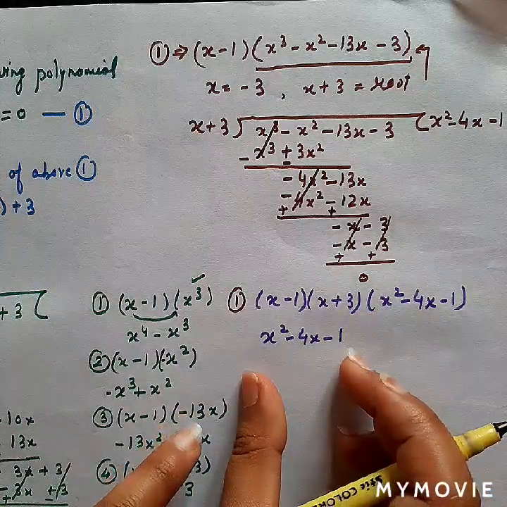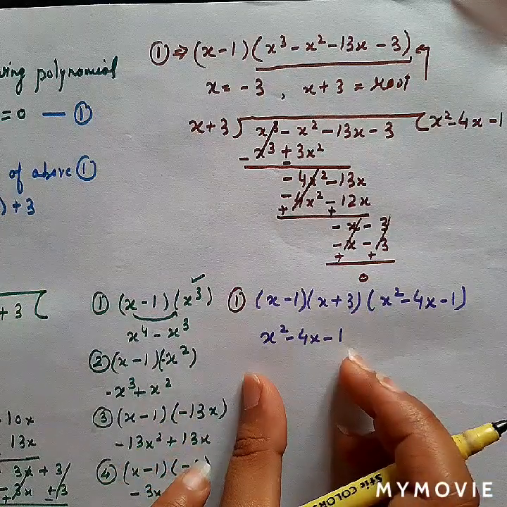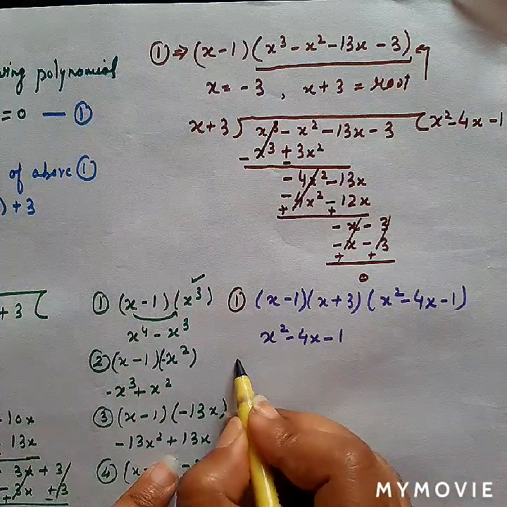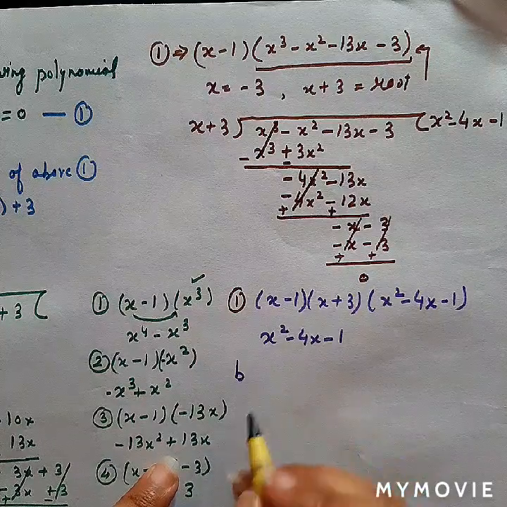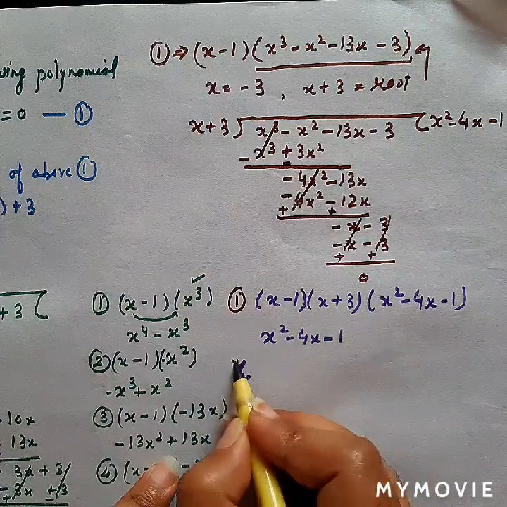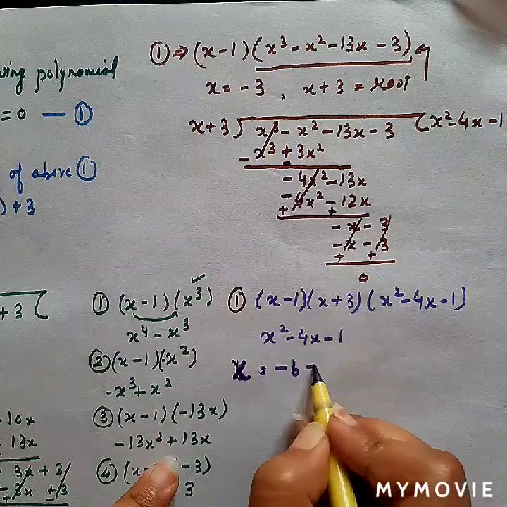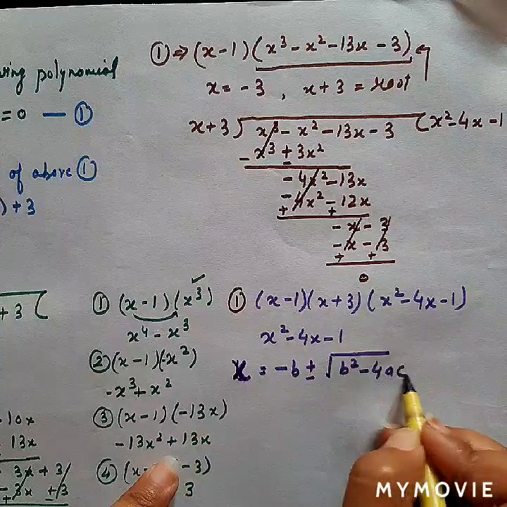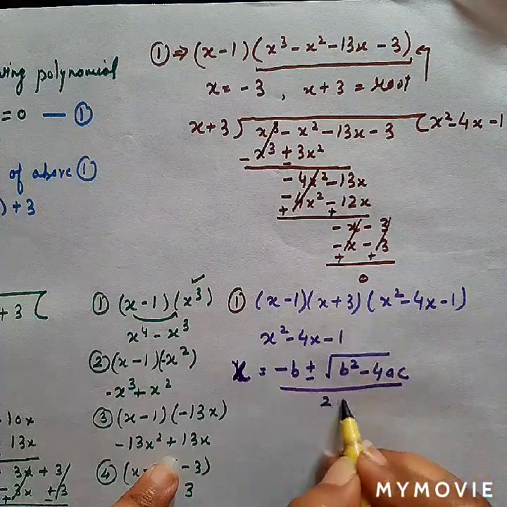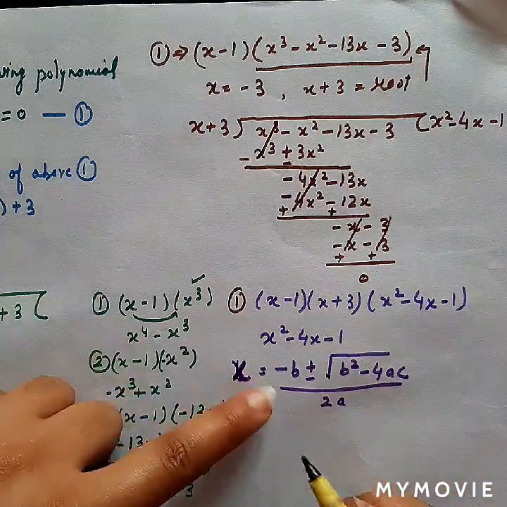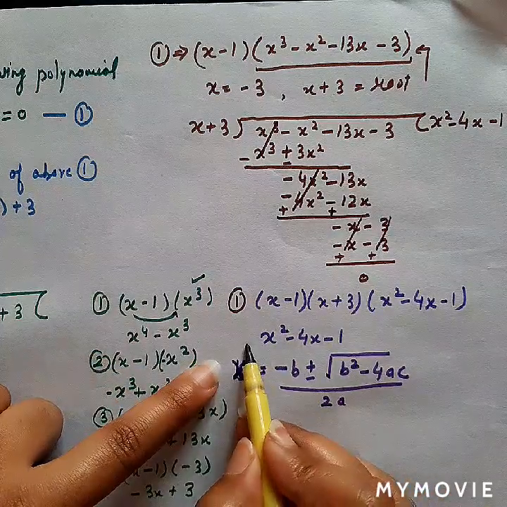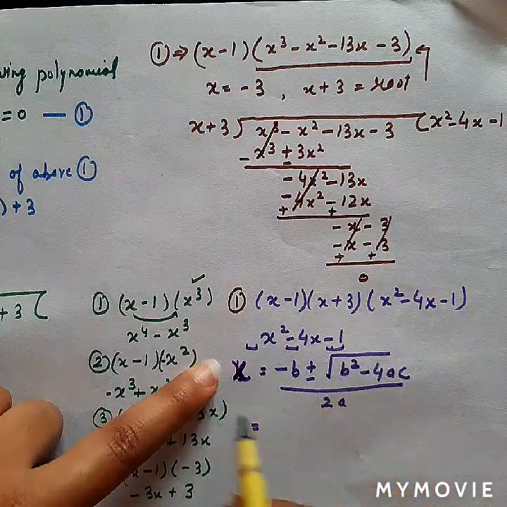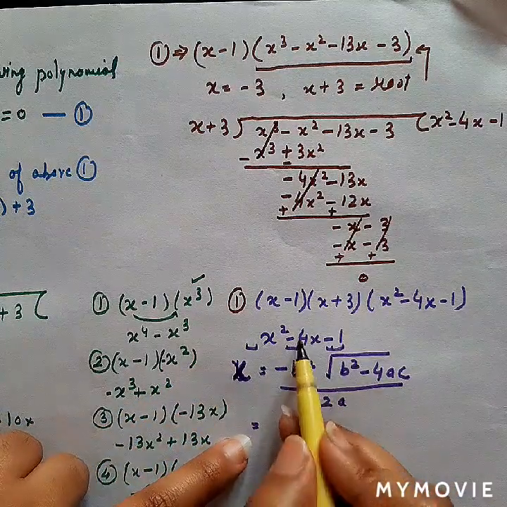With the help of factorization it will be difficult to find the factors of this equation, so I will use the formula: the roots of the equation are equal to minus b plus minus under root of b square minus 4ac upon 2a. Fine. Here this portion is a, this portion is b, this portion is c, including sign. So b is equal to minus 4.